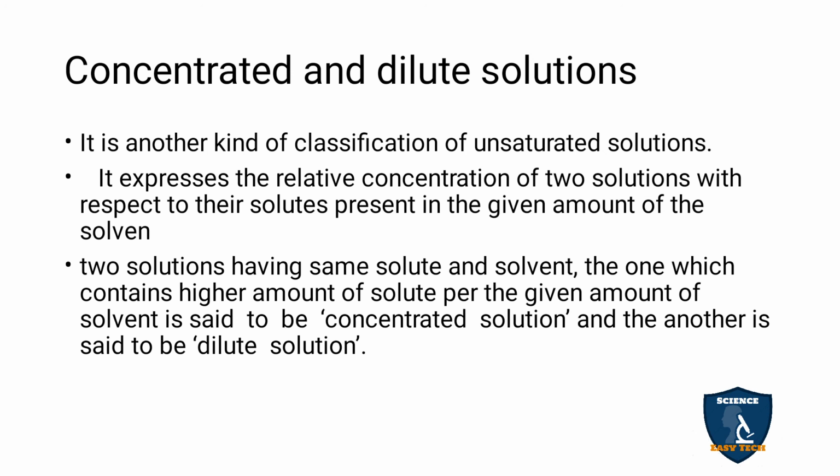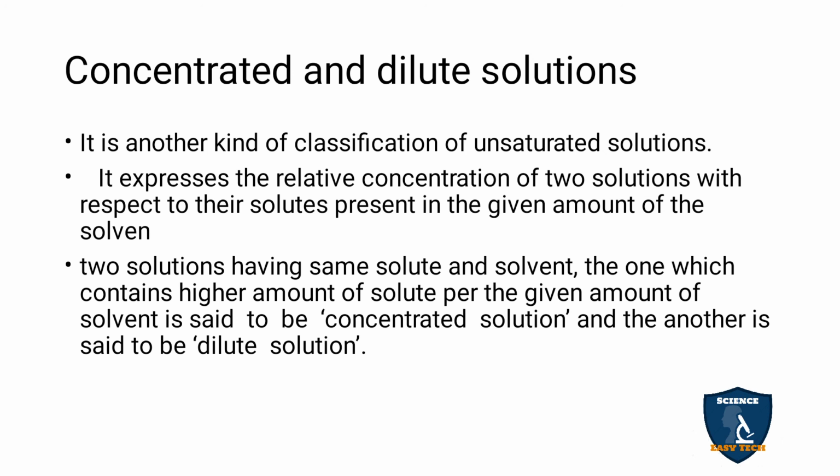That means a higher amount of solute per given amount of solvent is said to be a concentrated solution. So if you take 100 ml of the solution, and 80 ml is citric acid and 20 ml is water, it is a concentrated solution.